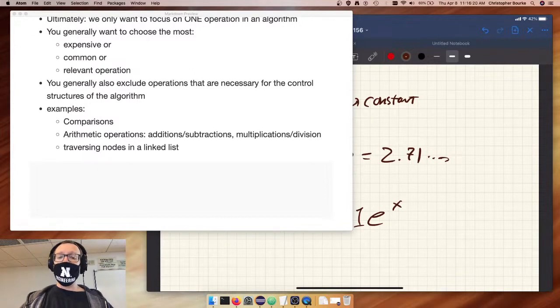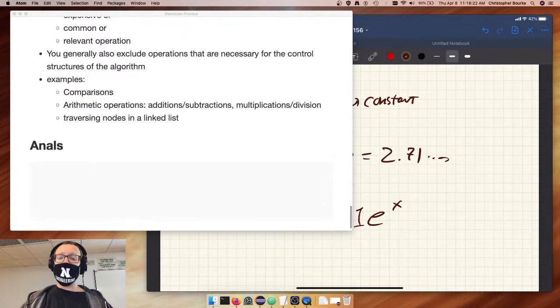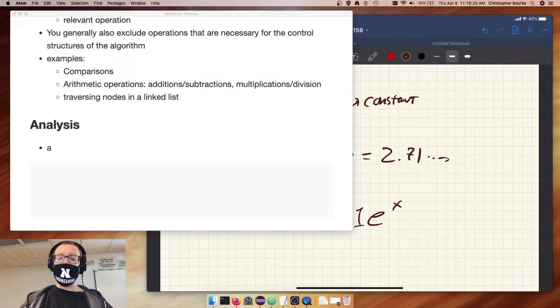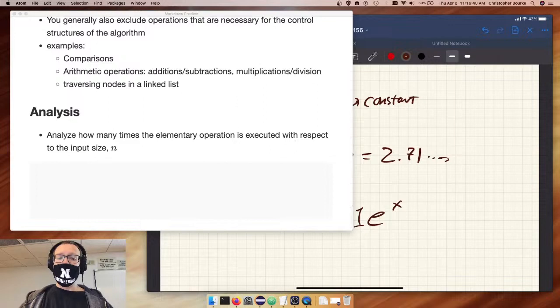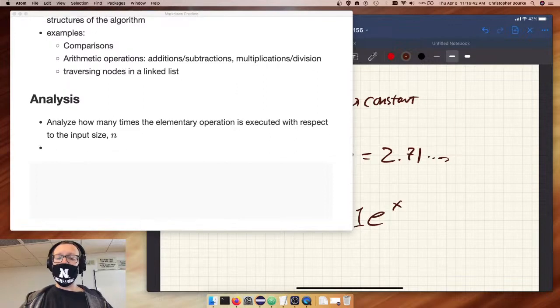So the fourth step is the actual analysis. You need to analyze how many times the elementary operation is executed with respect to the input size, n. That is, you come up with a resource function.